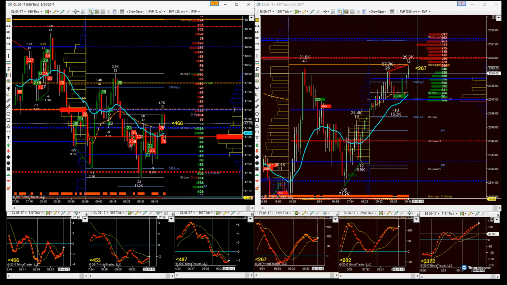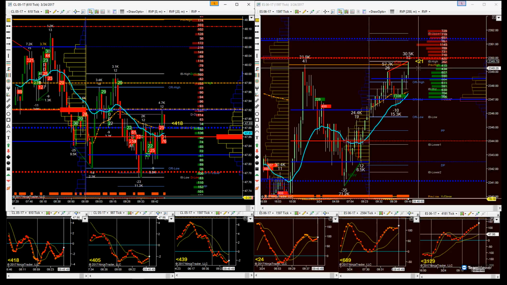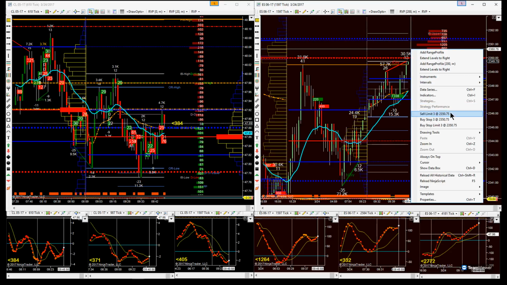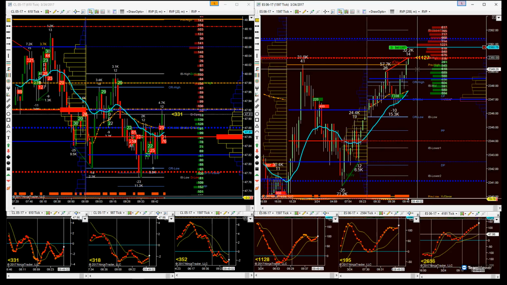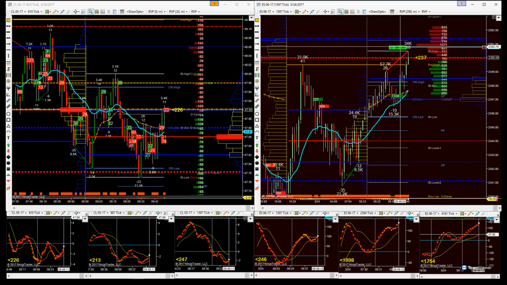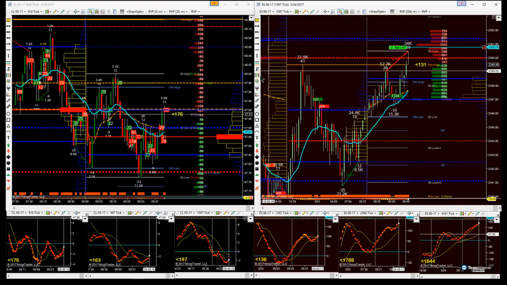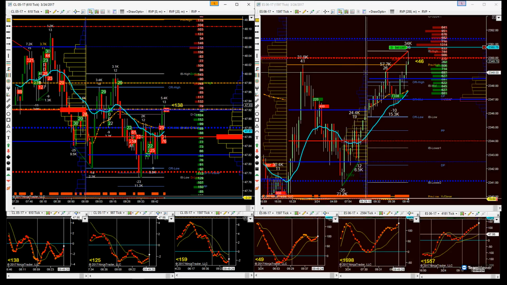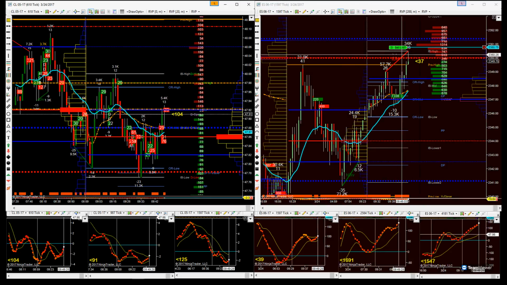S&P continuing to push. So missed us by a tick there on our entry.